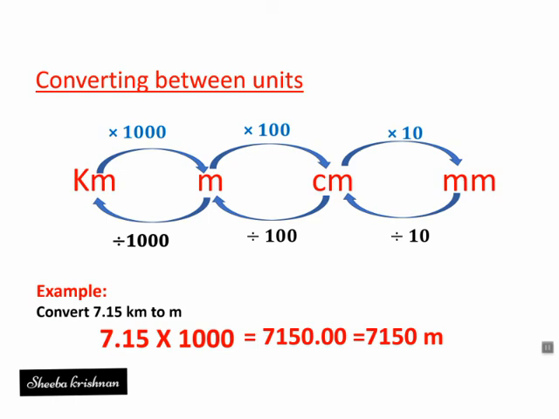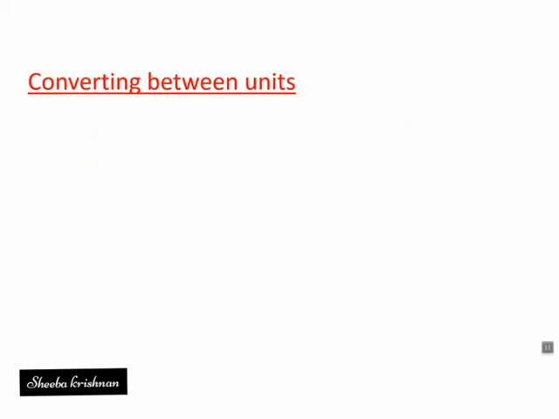When we multiply a decimal number by 1000, we know in 1000 there are 3 zeros, so the decimal point moves 3 places to the right. So the answer will be 7150 meter.